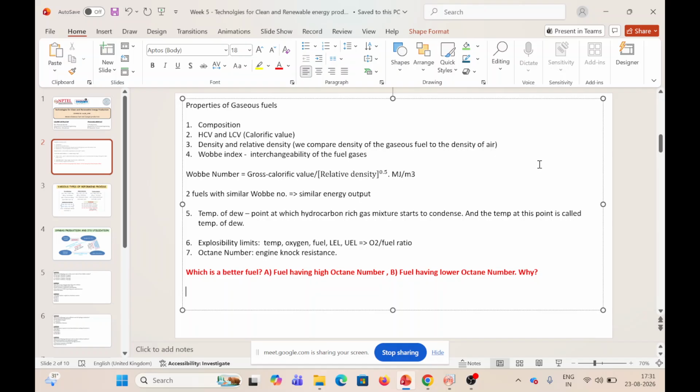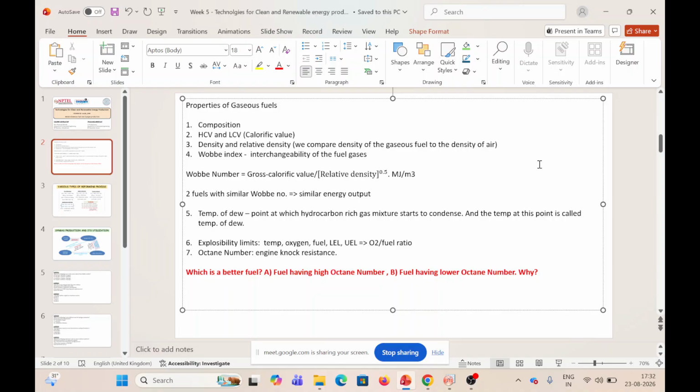Now, these are the 7 characteristic properties of the gaseous fuel that we need to keep in mind, or we need to analyze to characterize whether a particular gas is an energy efficient fuel or can be used as an energy efficient fuel.